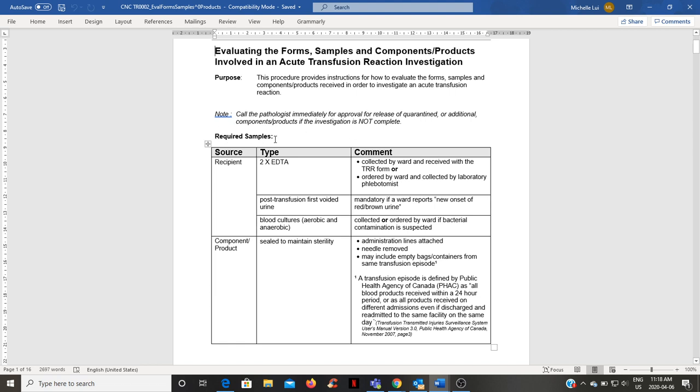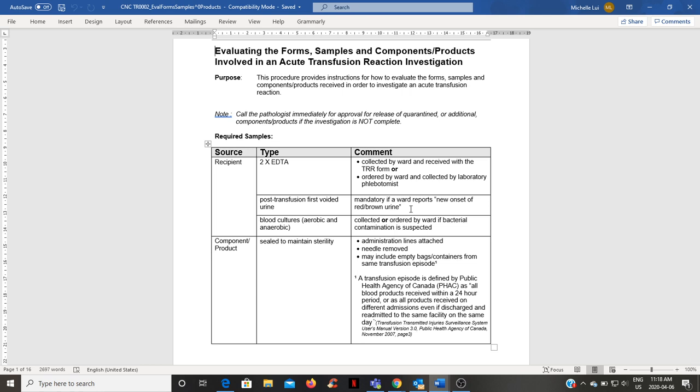Required samples here. This is what we should have received. 2 times EDTA, collected by the ward, or it can be ordered by the ward and collected by the lab. First voided urine, which it did say we have received. In some cases, this would be mandatory, but in a case where the new onset of red-brown urine is not reported, it is technically not mandatory.